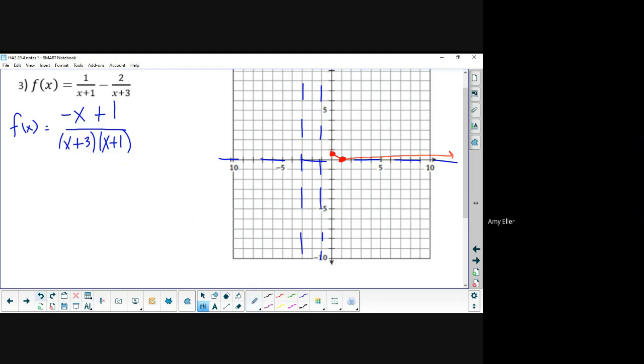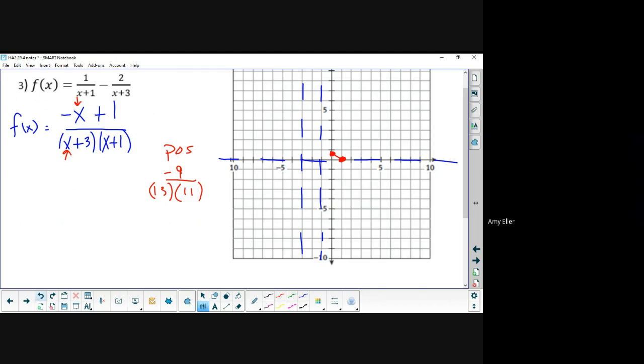You can, if you want, plug in a positive number. Sometimes I write positive, so I know what I'm doing. So imagine plugging in a positive number here, like 10. So it would be negative 10 and 1, so that's going to be negative 9. If I plug in 10 here, I get 13 and 11.